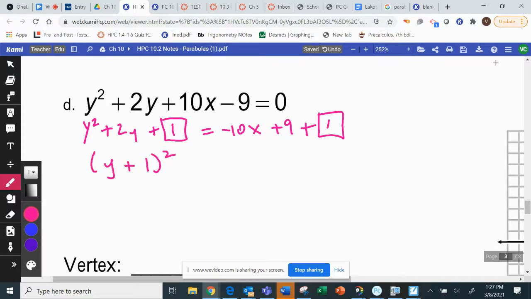So y plus 1 squared equals negative 10x plus 10. So at this point, you have to have a parenthesis on the x side. x has to have a coefficient of 1, so I have to factor out negative 10.